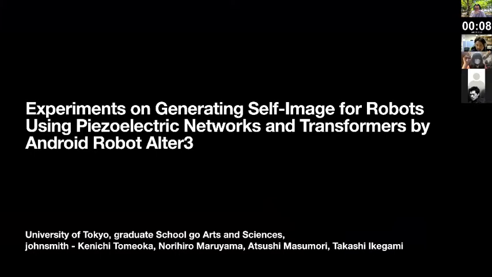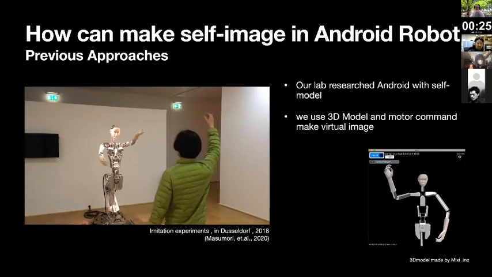I'm John Smith. My presentation title is Experiment on Generating Self-Image for Robot using Piezoelectric Networks and Transformers by Android Robot Ultra 3. Our lab has been conducting research on the self-image of the Android robot Ultra 3.